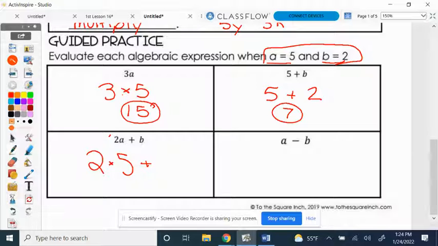B is 2, so I'm going to add 2. This is where the order of operations comes in handy. What am I going to do first? Am I going to multiply or add, Bryson? I have to multiply. 2 times 5 is 10, plus 2 is 12. If I didn't know the order of operations, 5 and 2 is 7, and then that times 2 is 14. So your answers are different.